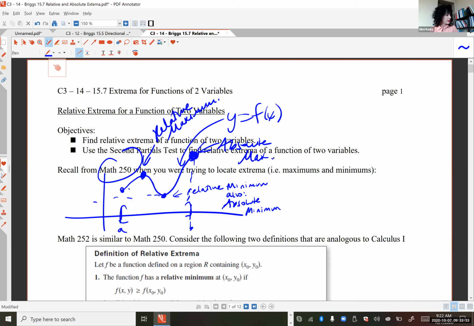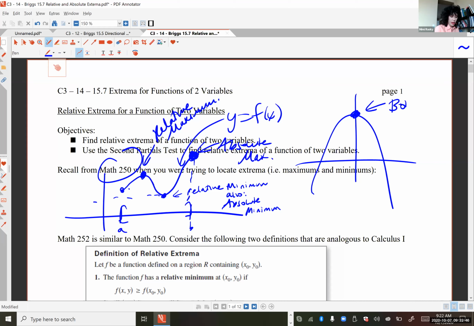And I hope you can appreciate that sometimes your absolute max is also a relative max. Like if you looked at an upside down parabola on any interval, this vertex here is both a relative and an absolute max. On the interval negative infinity to infinity, it's going to be both.